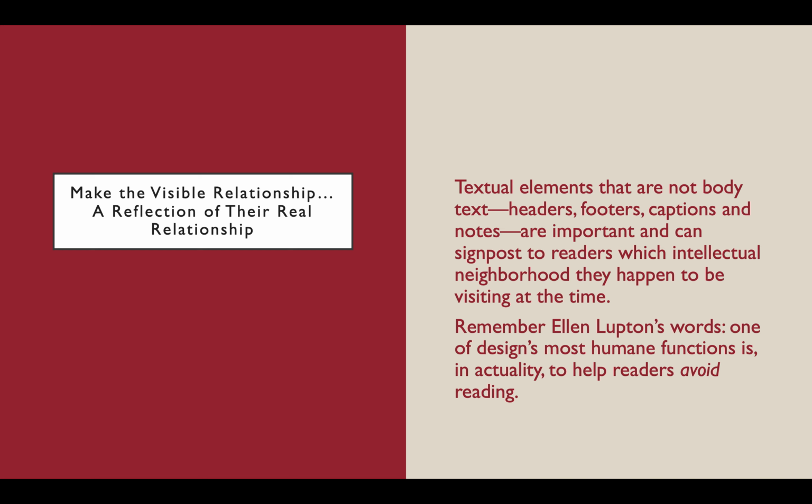You should know if you're looking at a caption to an image or if you're looking at a subhead. Remember Ellen Lupton's words, that one of design's most humane functions is to help the reader avoid reading. How are you going to make it clear, if someone's looking at something that's in a different language, not even in a human language, something made up, what importance the elements on your page have?